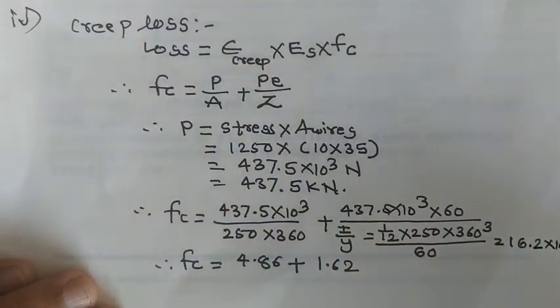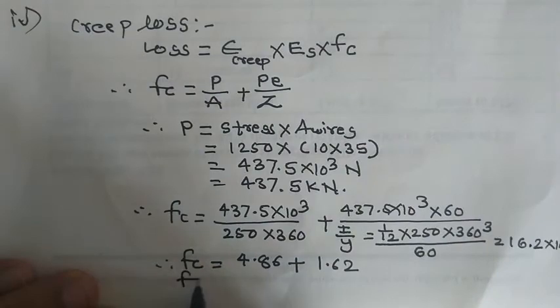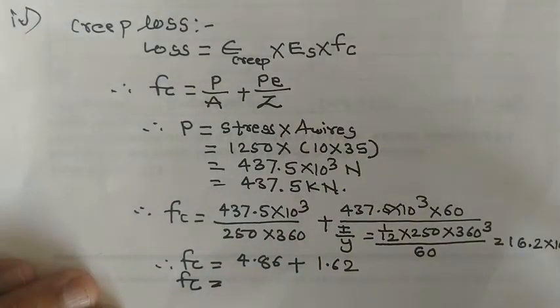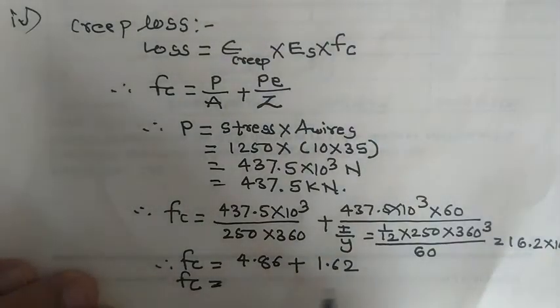So 437.5 into 10 raised to 3 multiplied by 60 divided by 16.2 into 10 raised to 6. Correct, this value is correct. So fc is equal to 4.86 plus 1.62. So fc is 6.48 Newton per mm square.